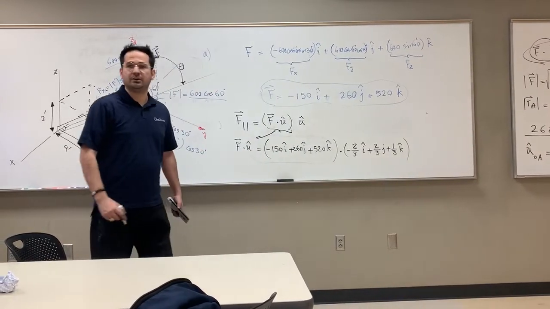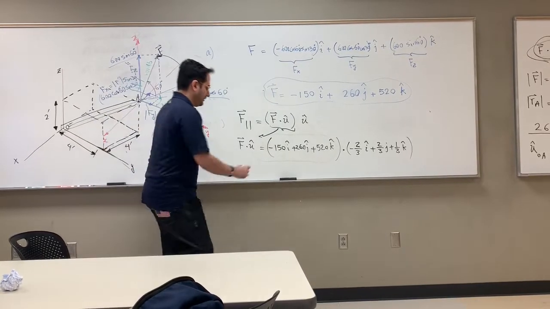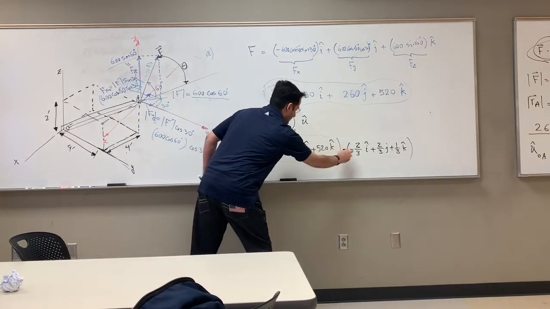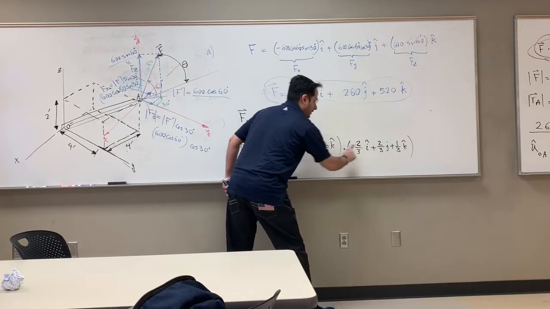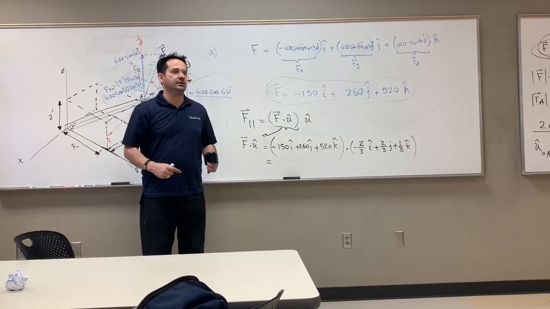Simply this dot product, and it's so easy: this times this, plus this times this, plus this times this. The end result is just a number.